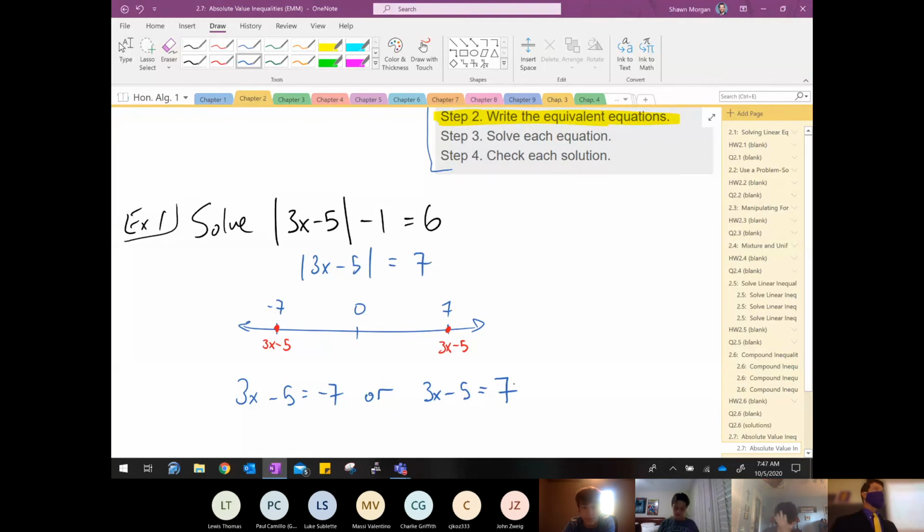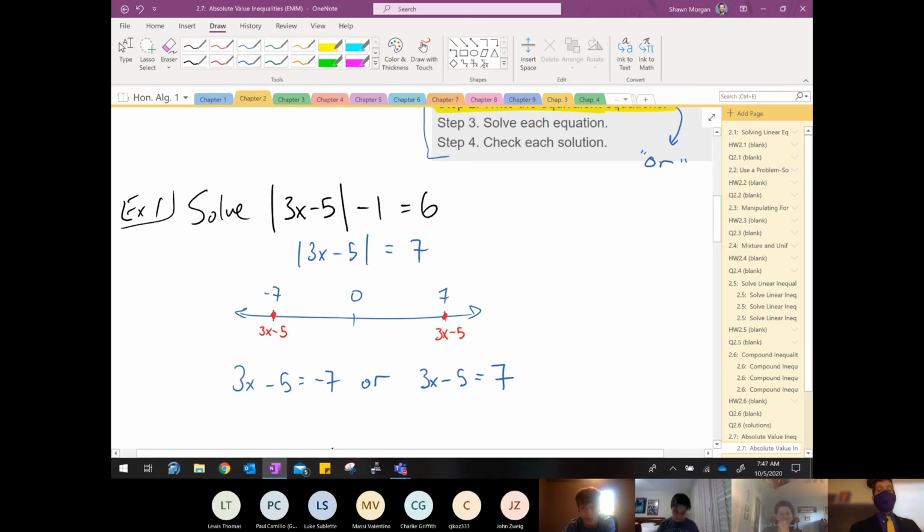Instead, what must I use? I must use an or statement, okay? So down here in step 2, be mindful of the word that you use. I'm going to put an or right here to remind you guys of that fact. When you're writing the equivalent equations, you must use an or, because you can't have your expression equaling two things that are different at the exact same time.